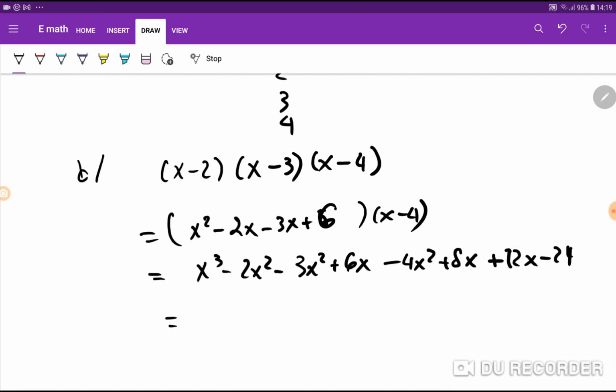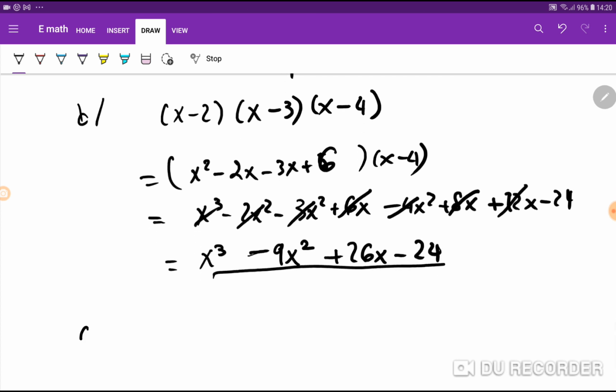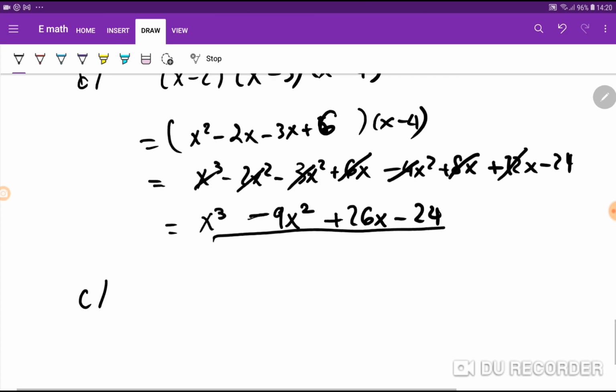It will equal x cubed, minus 2, minus 3, minus 4, so minus 9x squared, plus 6 plus 8 plus 12, which is 26x, minus 24.